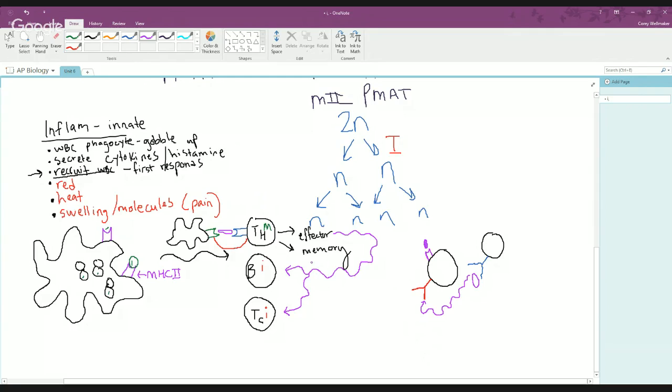So this T cell over here that was activated and turned into an effector, mature T helper cell, is going to bind, just like it did with the other antigen presenting cell, to the MHC2 and antigen complex. And with its CD4, it's going to latch on to the MHC class II molecule.